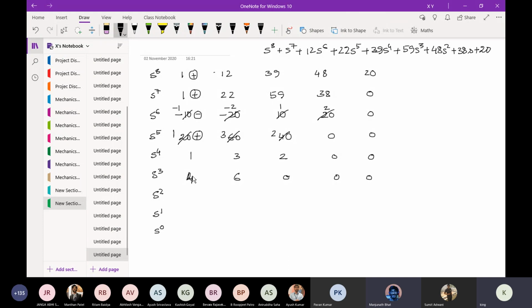Not yet. The S cube row was supposed to be all zeros, right? Yeah, it is. Sorry, I jumped. Yes, this will be coming out as zeros. 1, 3, 1, 3 is already 0. So this will be coming out as zeros.